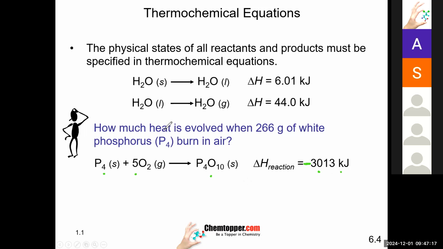They are asking to calculate how much heat is evolved when 266 grams of white phosphorus P4, P4 is white phosphorus, burn in air. We have two types of phosphorus. One is white, other one is red. You know, white phosphorus is very unstable and you have to keep it in kerosene. It reacts with the air. It can undergo combustion very fast to give you P4O10.